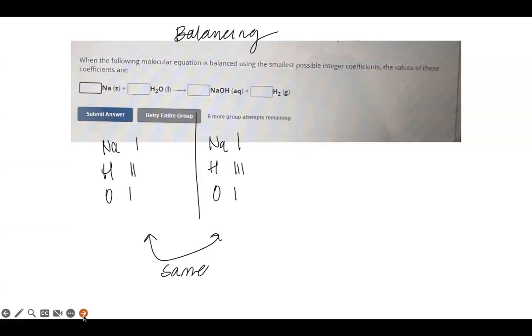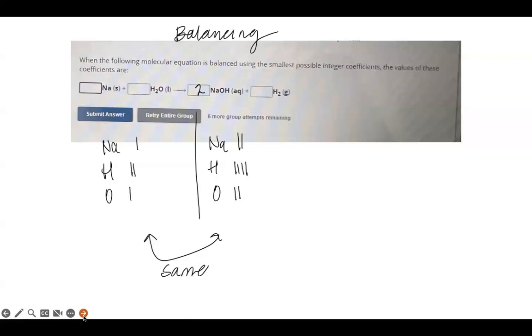So I'm going to start by doubling this NaOH. That will increase all of the elements I'm working with, but I think this is a good place to start. Now I'll have 2 sodiums, an additional H for a total of 4 on this side, and an additional oxygen for a total of 2 on this side.